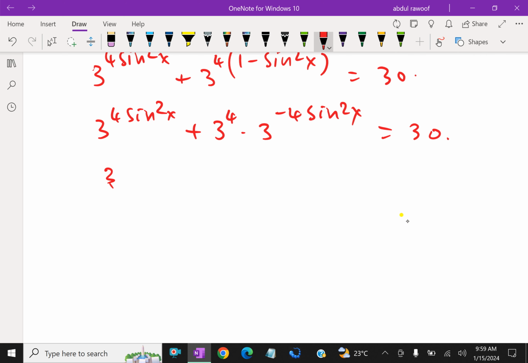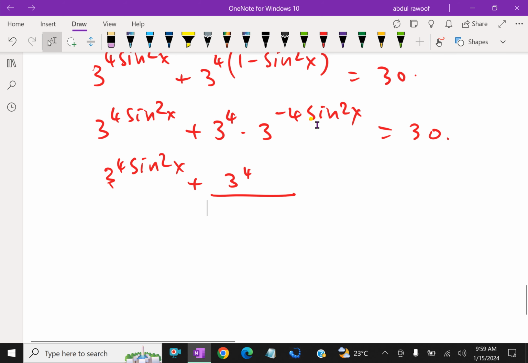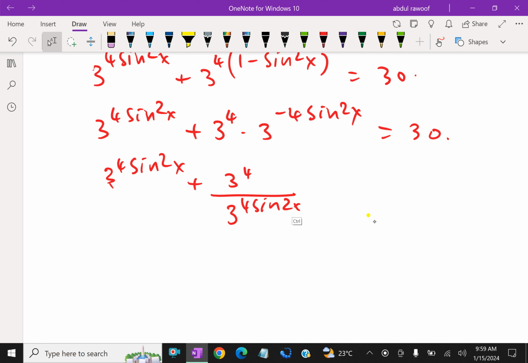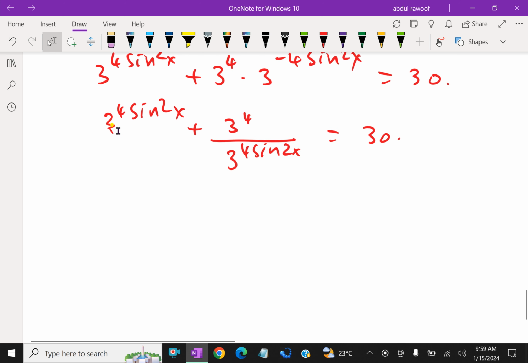Then 3 power 4 sine squared x plus 3 power 4 divided by 3 power 4 sine squared x, because the power is negative, it comes down as a positive, equal to 30. Now this expression, 3 power 4 sine squared x, appears here also.